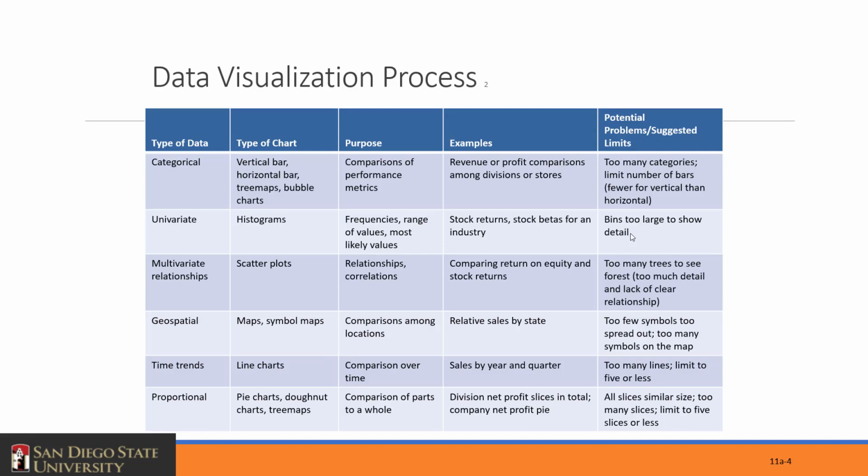Another type of analysis we can do is to figure out the multivariate relationship between variables. For example, if we want to see what the correlation is between return on equity, ROE, and stock returns. Do we have higher ROE, then more likely higher stock returns?